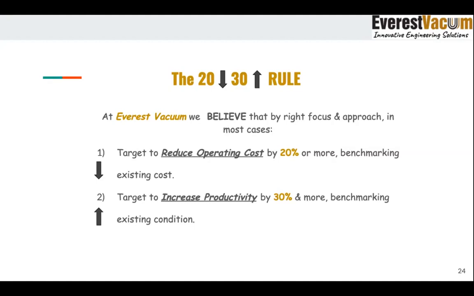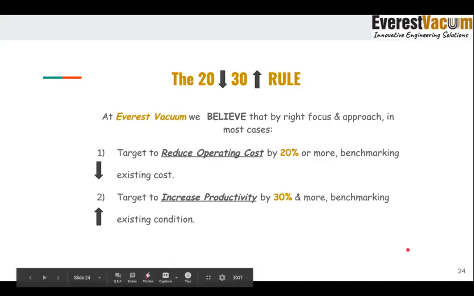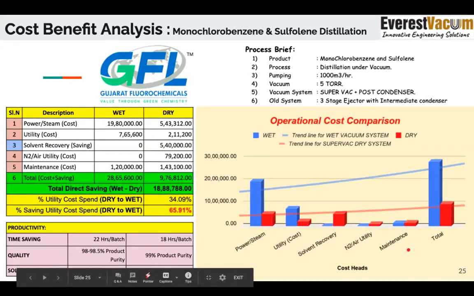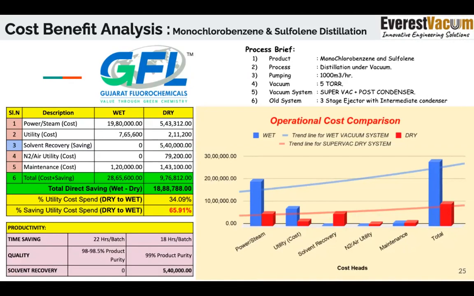This is the experience we have gained over the years when we have dealt with more than 1,000 customers, with documented readings and documented case studies. We realized that the 2030 rule applies to more than 80% of the customers that we cater to. I will now take up some case studies in brief. Because of shortage of time, I will be taking them up in brief.